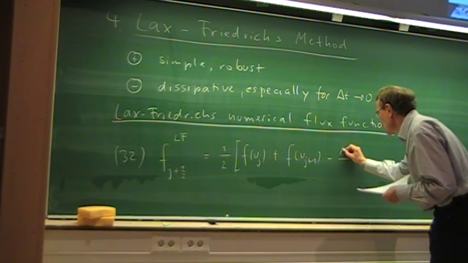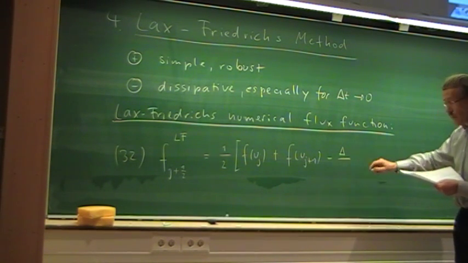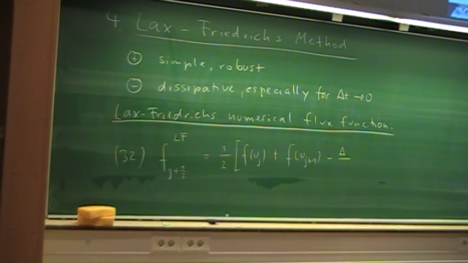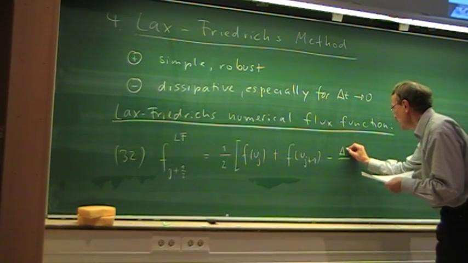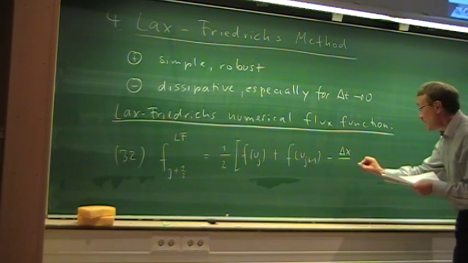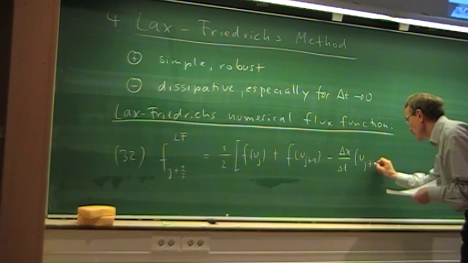And now the catch is that the numerical viscosity term that is appearing here, it's not directly numerical viscosity, but the coefficient in front of the difference u j plus 1 minus u j is simply delta x over delta t. So we have this form.